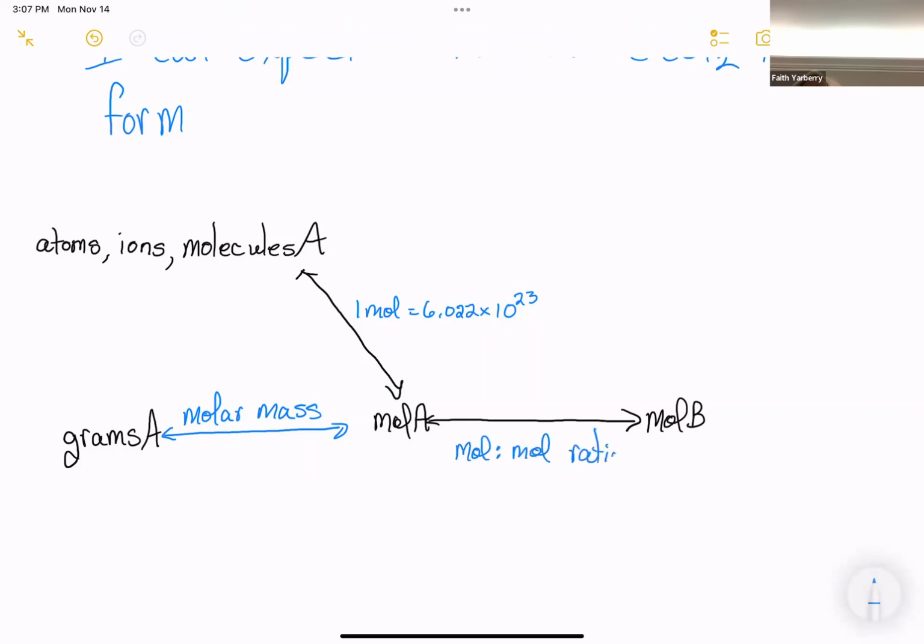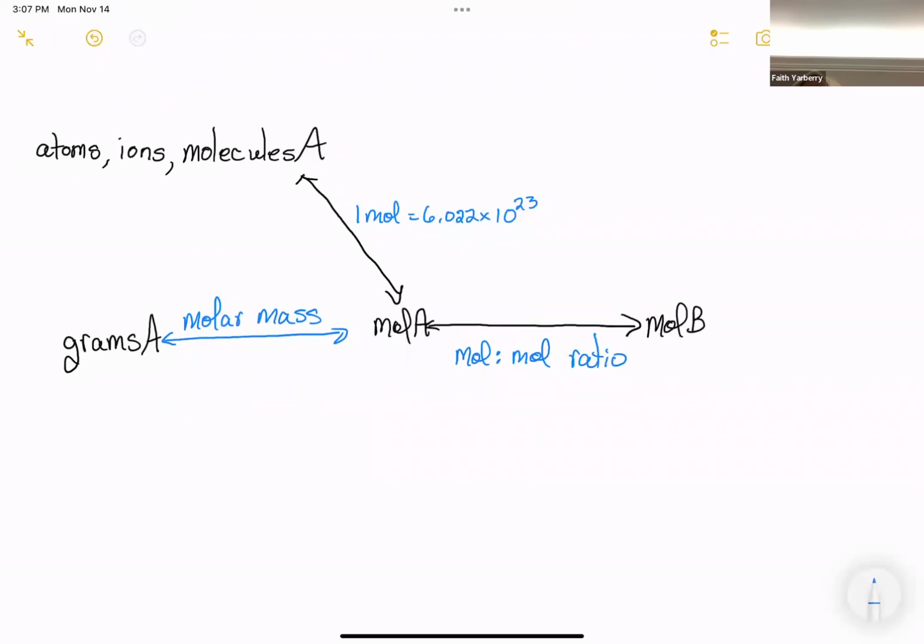But now we have two places to find that mole to mole ratio. The first place is the formula, if we're talking about an atom in a compound.